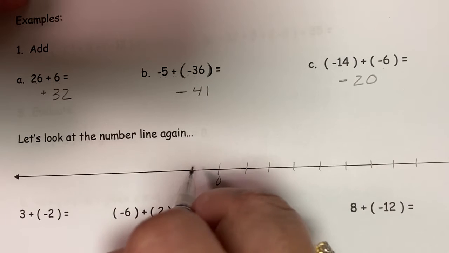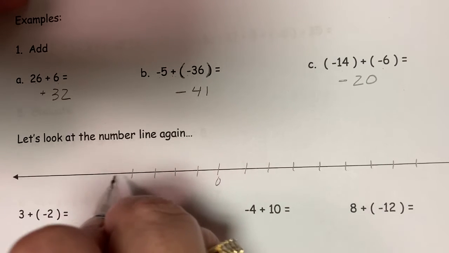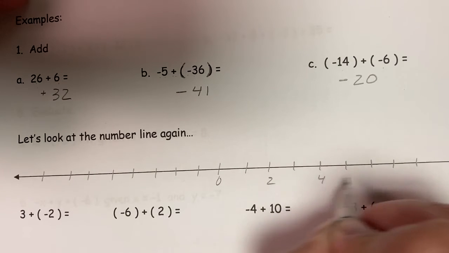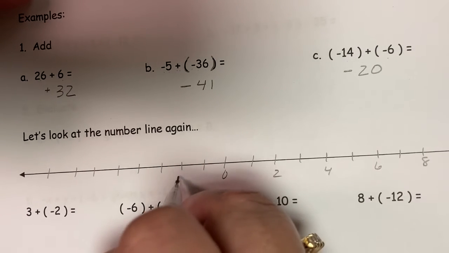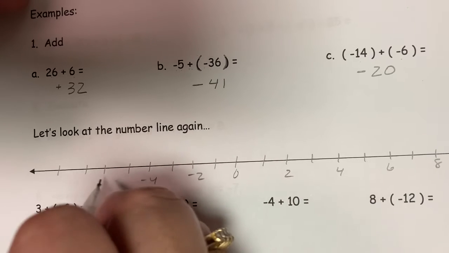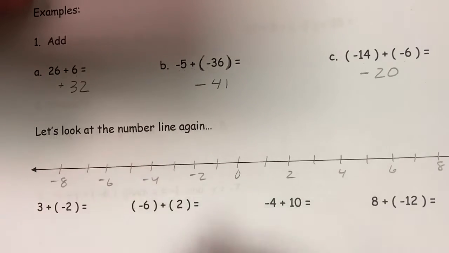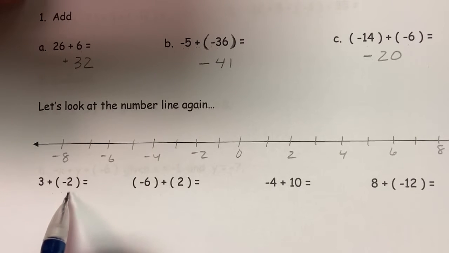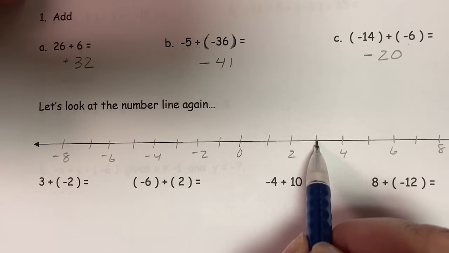Again, you can pause me whenever you want. I'm going to just draw a number line, just so you can see a visual. So 3 plus negative 2. We start at 3.